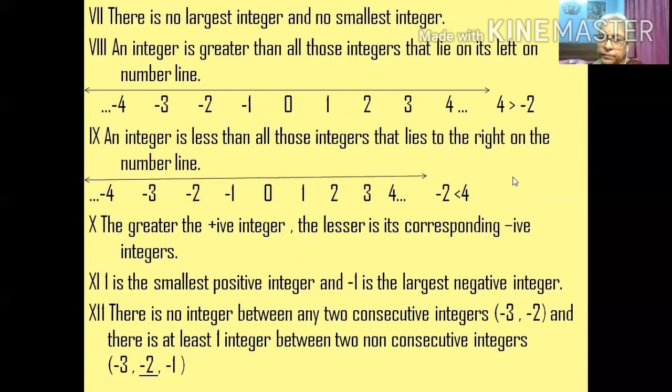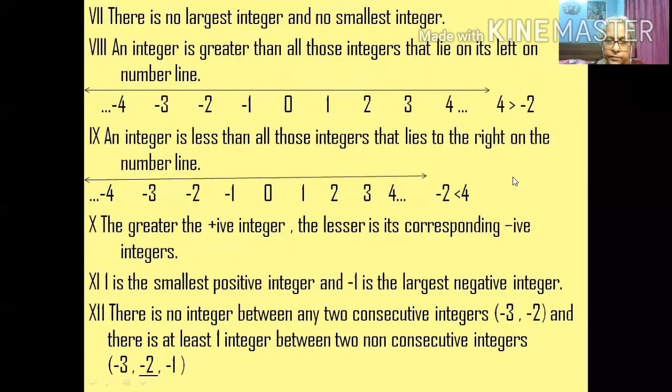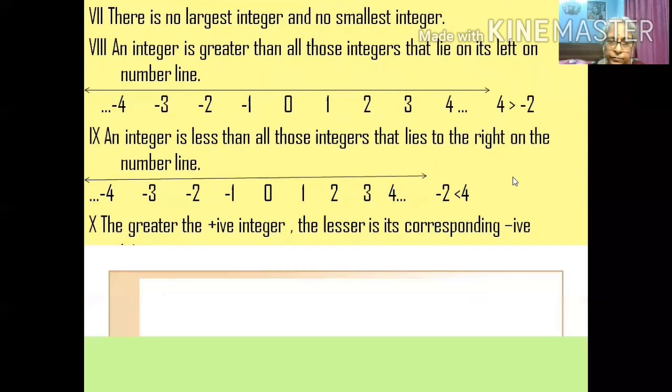That means between minus 3 and minus 2, there is no integer. And there is at least one integer between two non-consecutive integers. Non-consecutive integers means those which are not just after each other. For example, minus 3, minus 2, minus 1: minus 2 lies between minus 3 and minus 1.